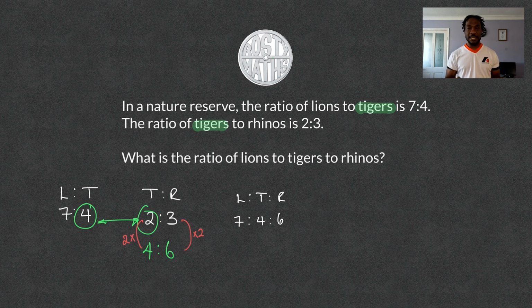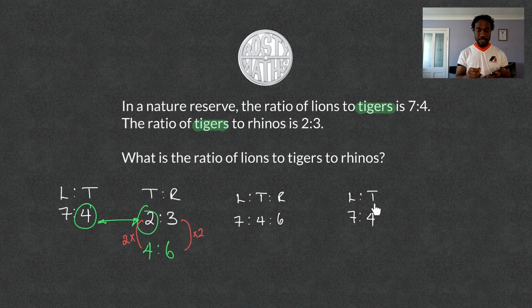All right, fantastic. Now I promised you a much quicker way of doing this. If you're trying to get this done quicker, take advantage of that repeated tiger that you've got. Let me show you the quickest way that we tend to like doing this. I'm going to start off with my lions to tigers, a ratio of 7:4.